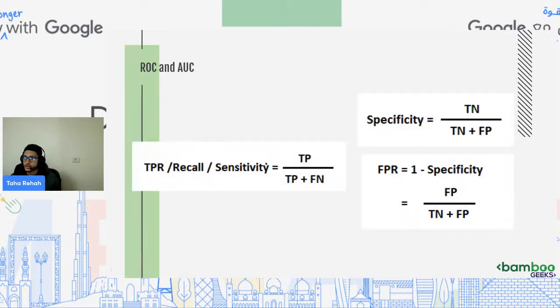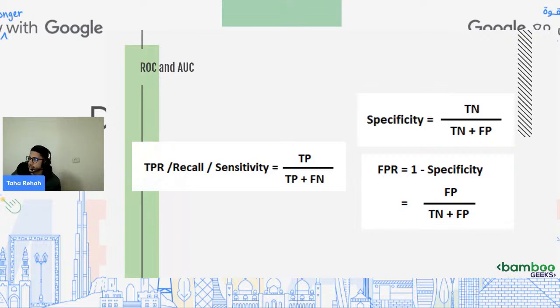So what is TPR and what is FPR? TPR, or recall or sensitivity, is simply equal to recall: true positive out of true positive plus false negative. Then there is the FPR, which is 1 minus the specificity, where specificity is true negative out of true negative plus false positive.